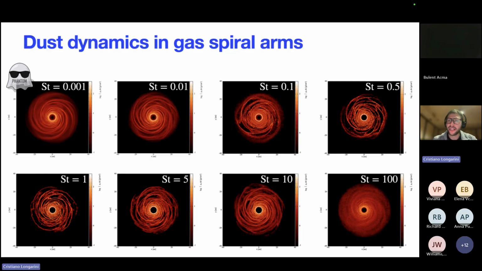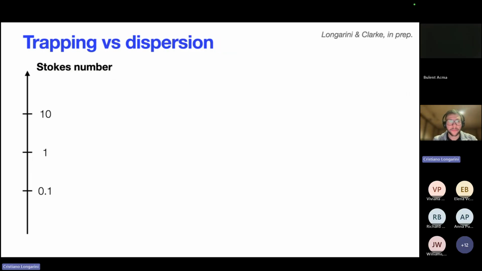But then when the Stokes number is of the order of unity, between 0.1 and 1, you can really see that the dust spirals are really thin because dust is concentrating inside these structures. And then when we increase the Stokes number, you see that the spiral structure becomes weaker and weaker because the aerodynamical coupling is less strong. And so now I would like to show you precisely what happens for different Stokes numbers.